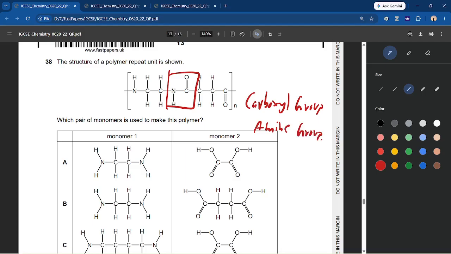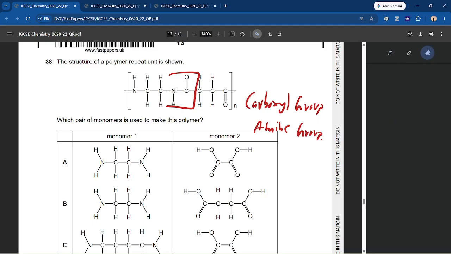So let's take a look at what we have over here. This molecule, 1, 2, 3, 4. So we've got the amide group over here. We don't need these, honestly. Let me just erase this.